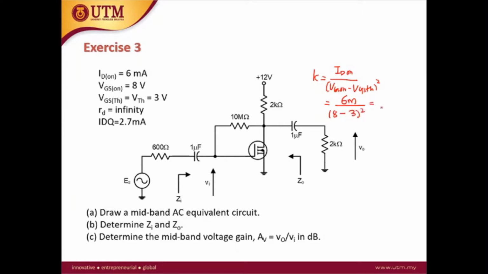This is equal to 0.24. Okay. So this is the K value. And then IDQ is given as 2.7 milliampere.